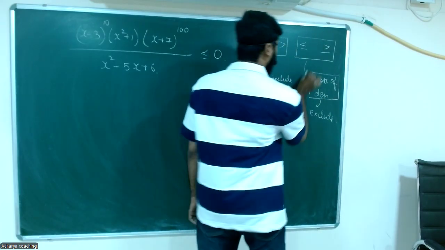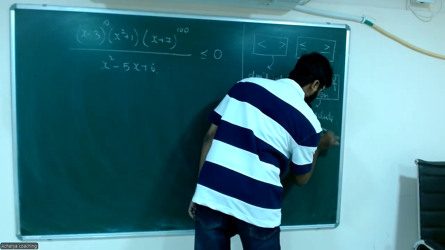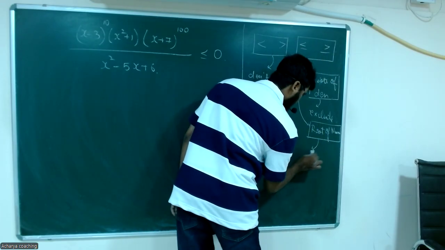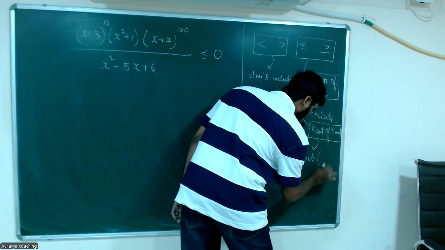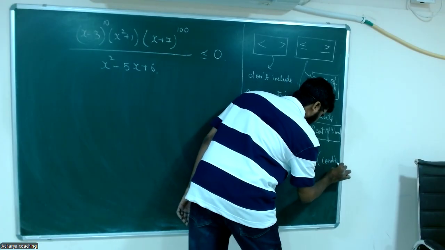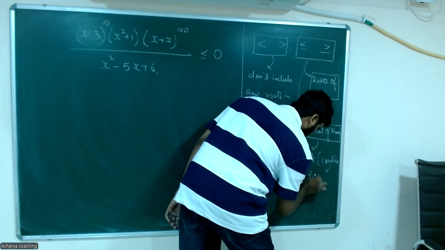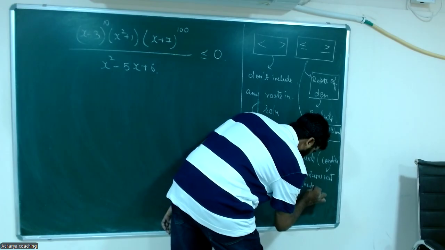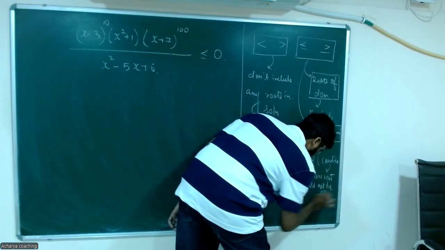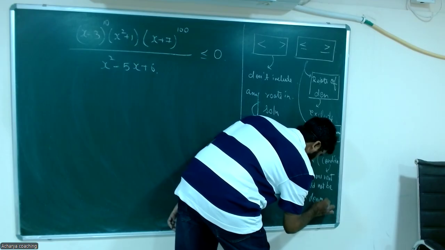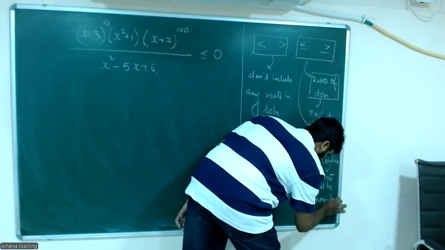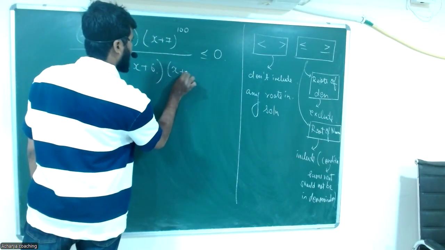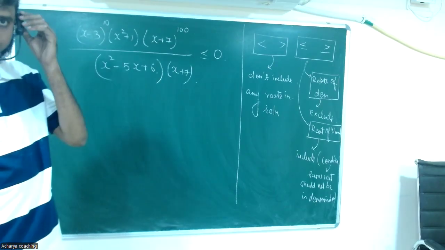The roots of the numerator we can include with one condition: the same root should not be in the denominator. Clear?